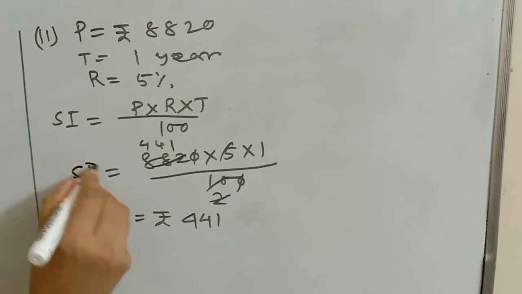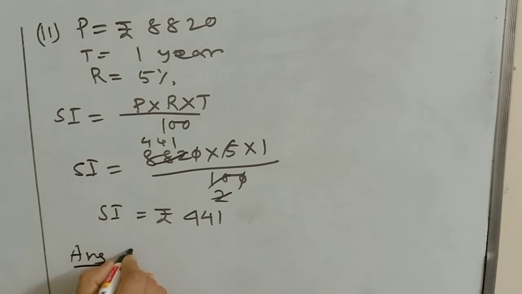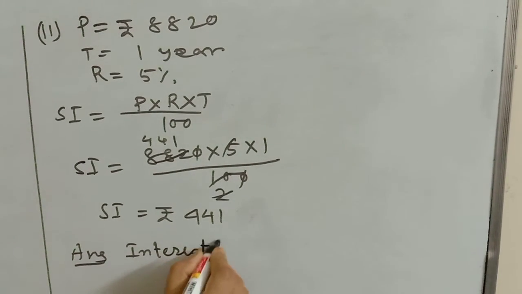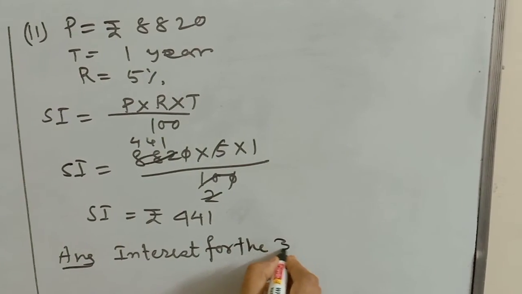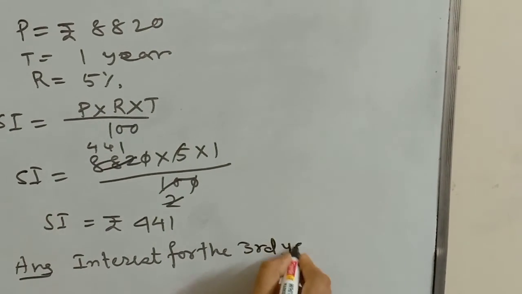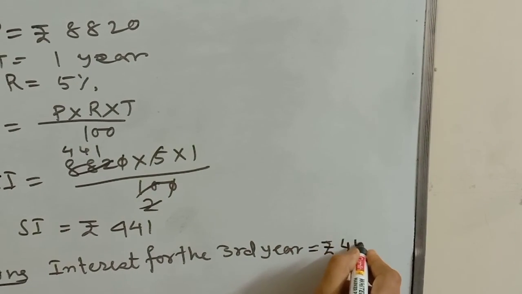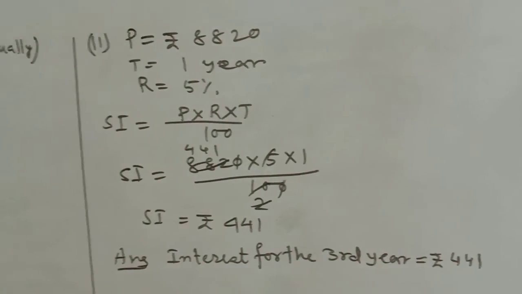So SI, you can write the answer in this way. Therefore, interest for the third year is equal to rupees 441. Understood? Practice this.